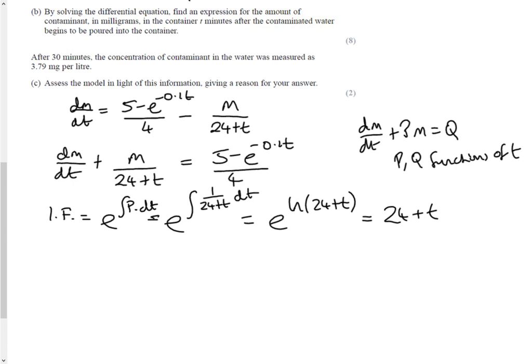Now, relatively often you will find that your integrating factor integrates to a ln and then cancels out with the e. So I would be quite confident that that's correct if I did this in the exam. Okay, so I'm then going to multiply by my integrating factor, not forgetting to multiply both sides by my integrating factor.